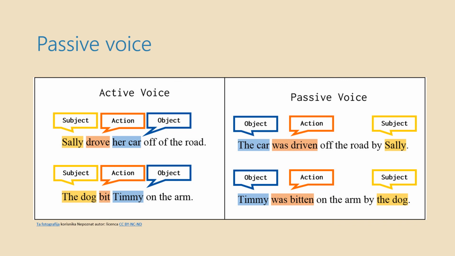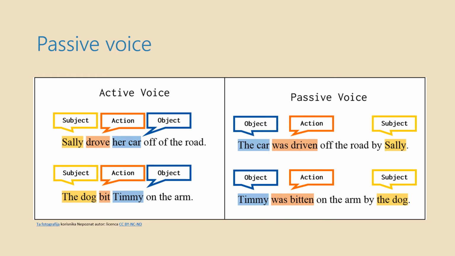Let's compare active and passive voice. There is a sentence: Sally drove her car off of the road. Sally is the subject of an active sentence. Drove is an action expressed by a verb in past simple tense, and her car is an object.